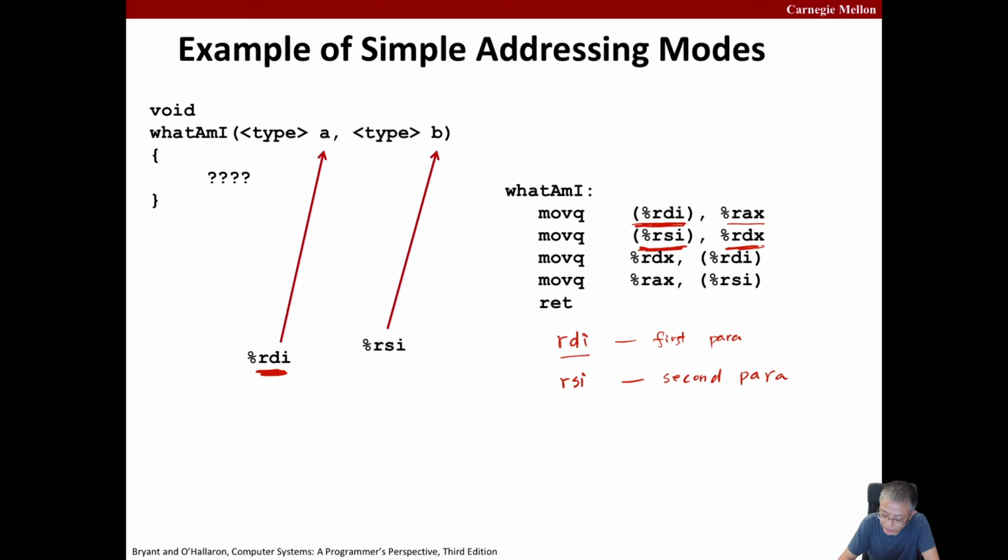Then we save RDX into RDI. Then we save RAX to RSI. So this is basically a swap function. It's going to swap the content of two memory locations.